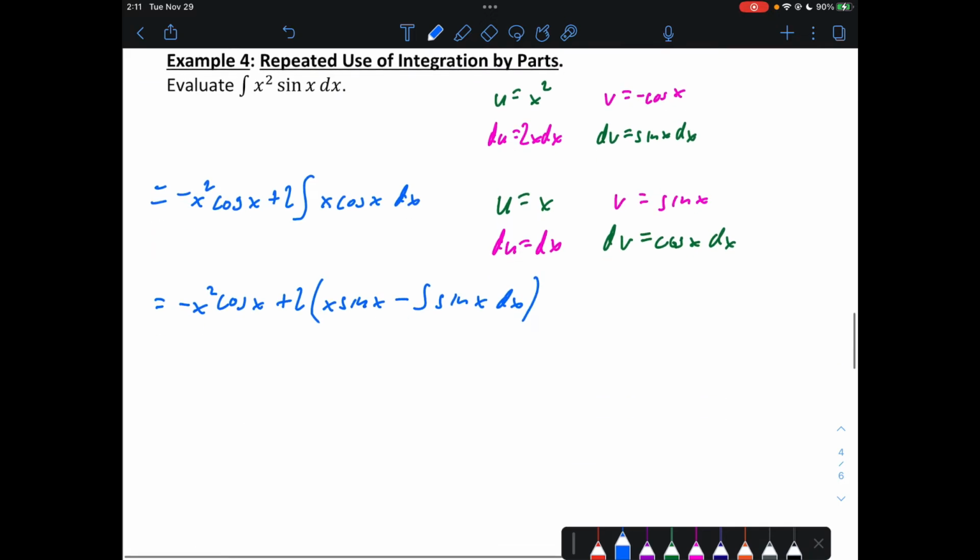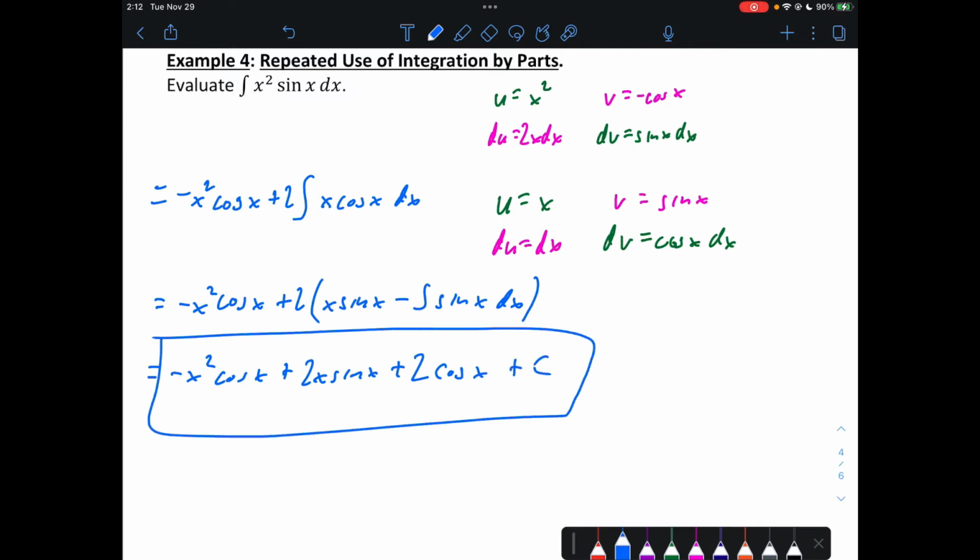And now we can do this without any more parts. So 2x sine x minus 2 times the integral of the antiderivative of sine, which is negative cosine, plus c. And there's our antiderivative of our original integrand.